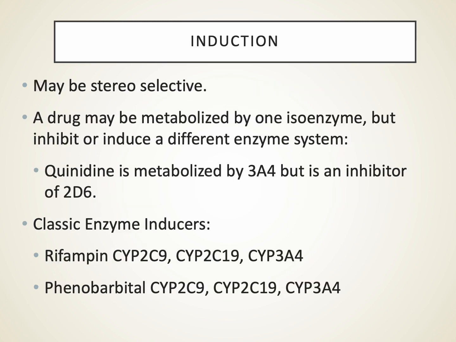Induction can also be very specific for the three-dimensional configuration of the drug, what we call stereoselective. We haven't really talked about the concept of racemic drugs, but racemic drugs are where 50% of the drug is in a right-handed three-dimensional configuration and 50% is a mirror image in a left-handed configuration. I can hopefully talk more about this when we're in class and flush this issue out.